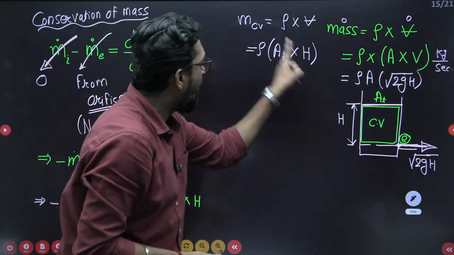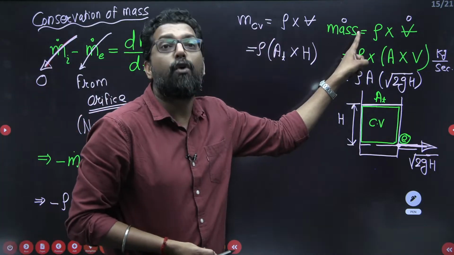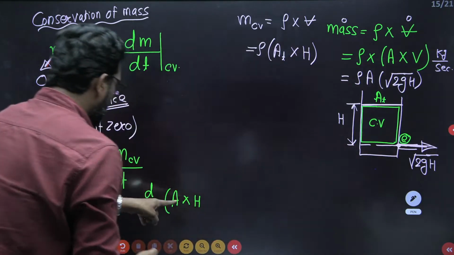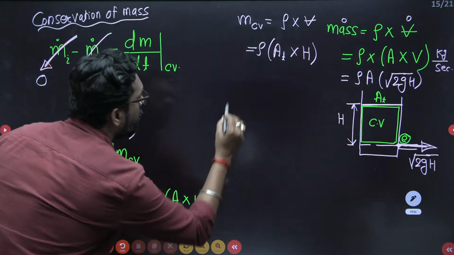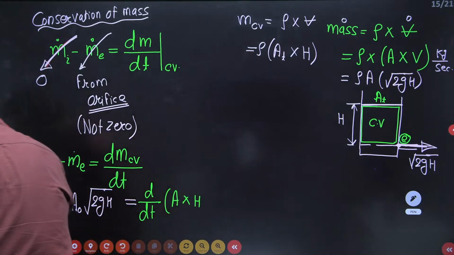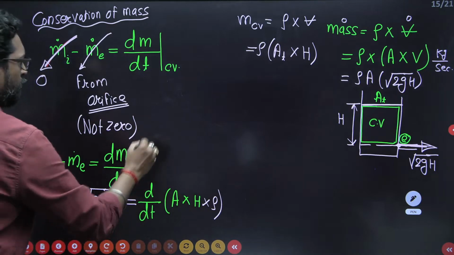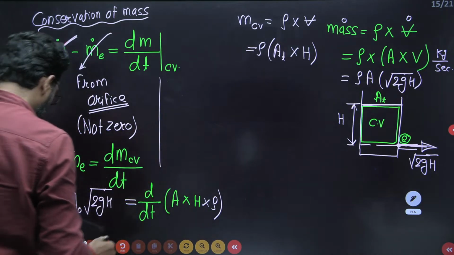So this is the mass of the control volume, and this is the mass flow rate through this orifice. Clear? So you have A into h, into density. Clear?